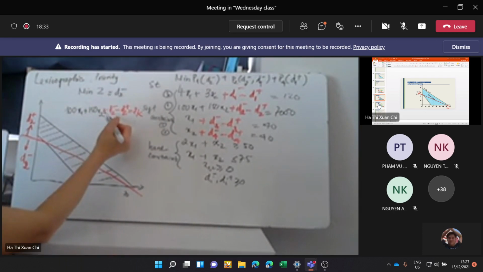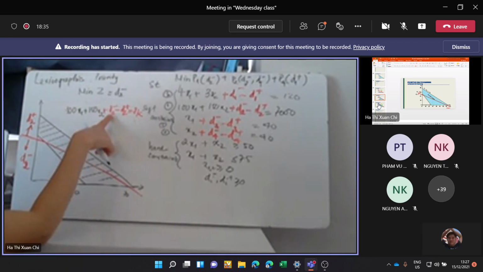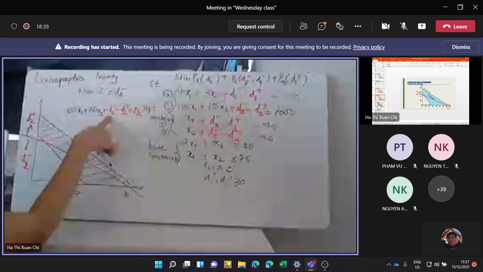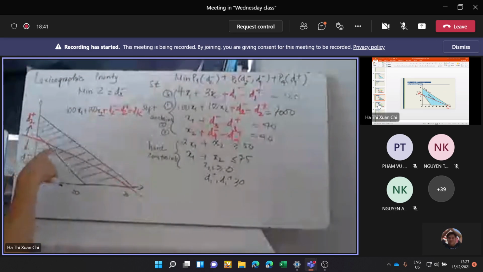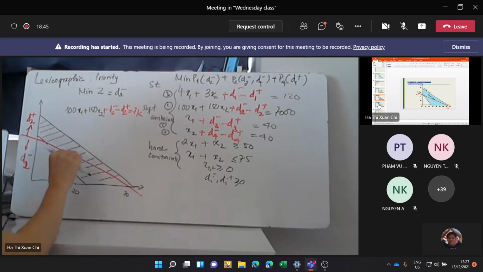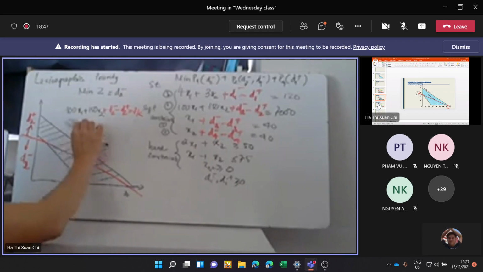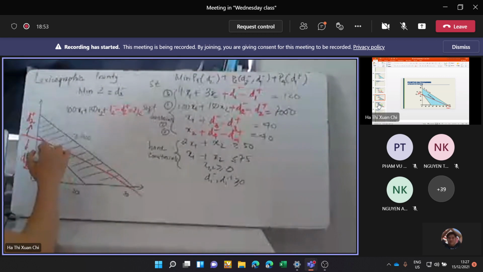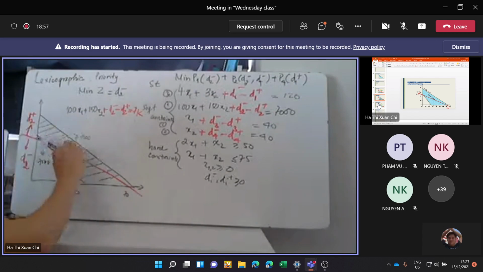So if right now D2 minus equal to 0, it means this part is greater than 7,000, and this part is lesser than 7,000. Is it clear, everyone? So we divide into two sides here.